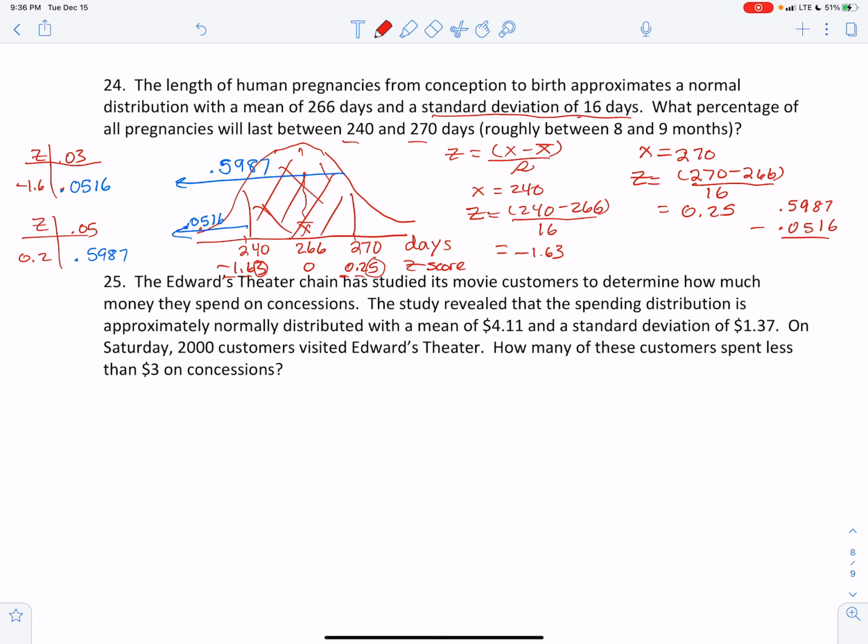And I get 0.5469. Now the question said what percentage, so I need to convert that to a percent. So I'll multiply it by 100, which moves the decimal point 2 places to the right, and tack on a percent sign. So 54.69%.